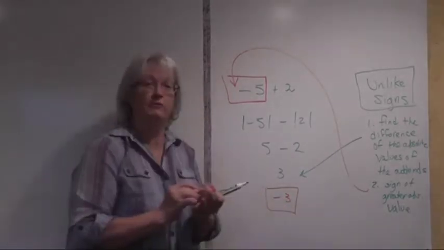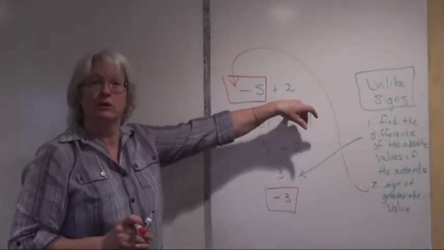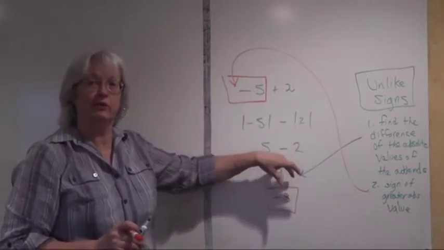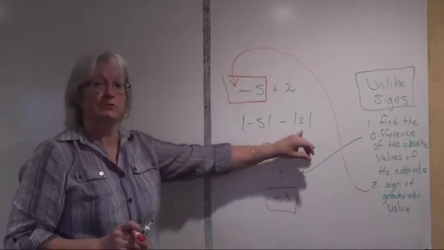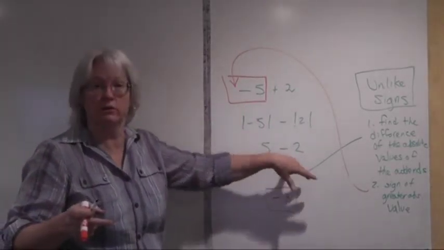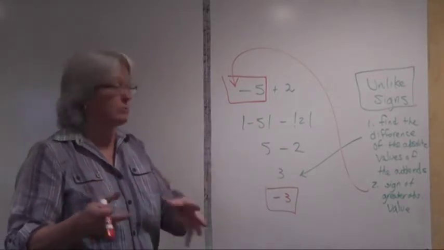Because what we have done first is we have found the absolute values of our two addends. We have taken the difference of their absolute values. We've, in essence, ignored the sign and subtracted the smaller number from the larger number.